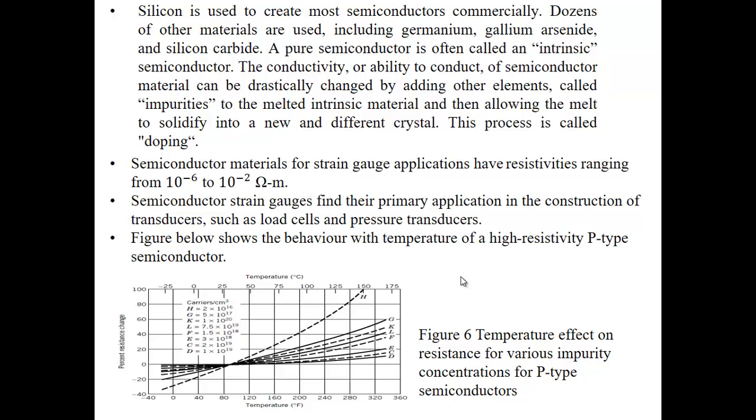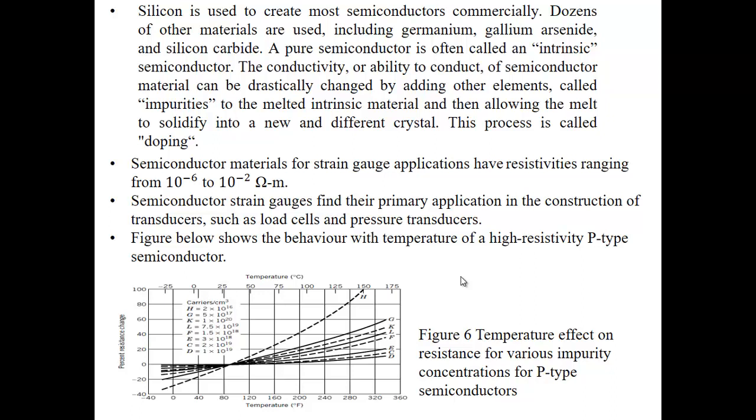Semiconductor material for a strain gauge application has a resistivity of 10 to the power negative 6 to 10 to the power negative 2 ohm meter. Okay, that's very good. Semiconductor strain gauges find their primary application in the construction of transducers, such as load cell and pressure transducers.